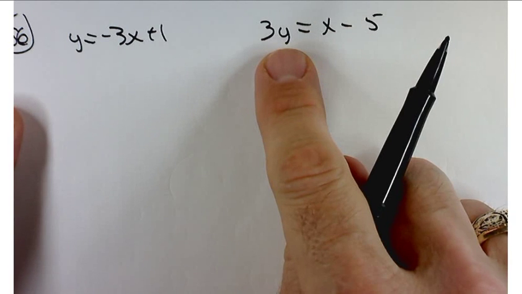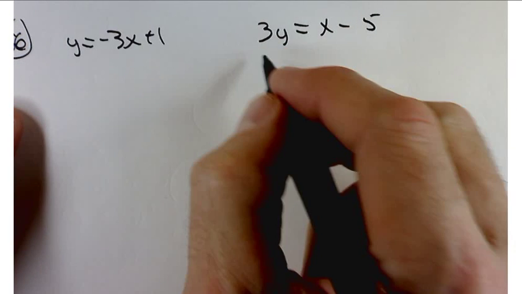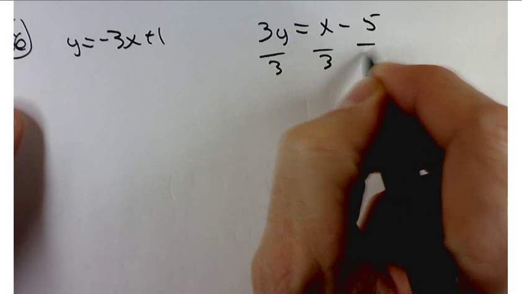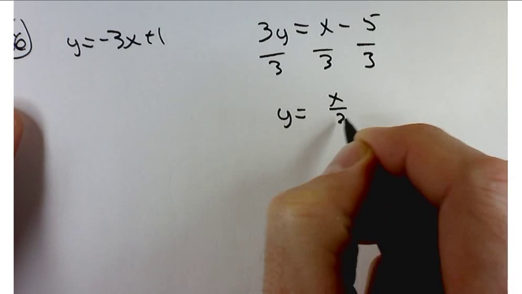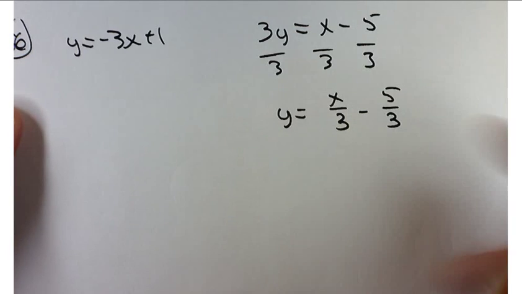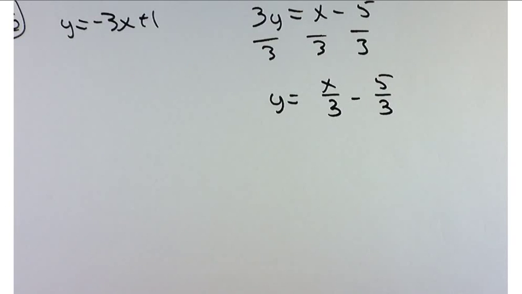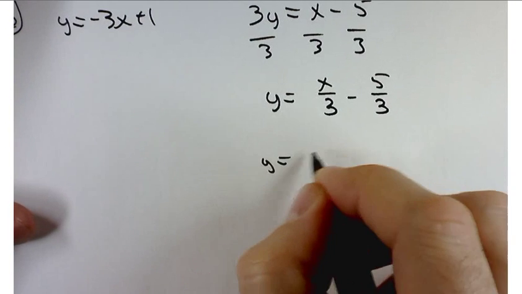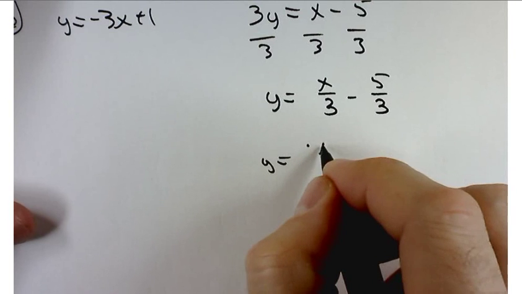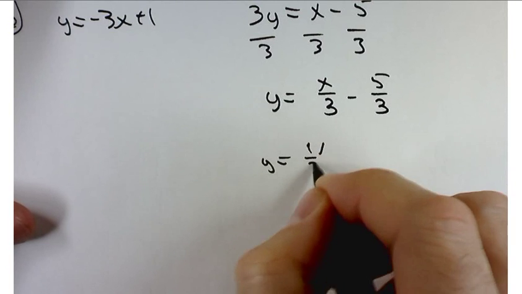So that would mean dividing everything by 3. And I get y equals x over 3 minus 5 over 3. And here's where I'm going to answer your question earlier. Like, how does that equal a different fraction? You could rewrite this as 1/3 times x minus 5/3.